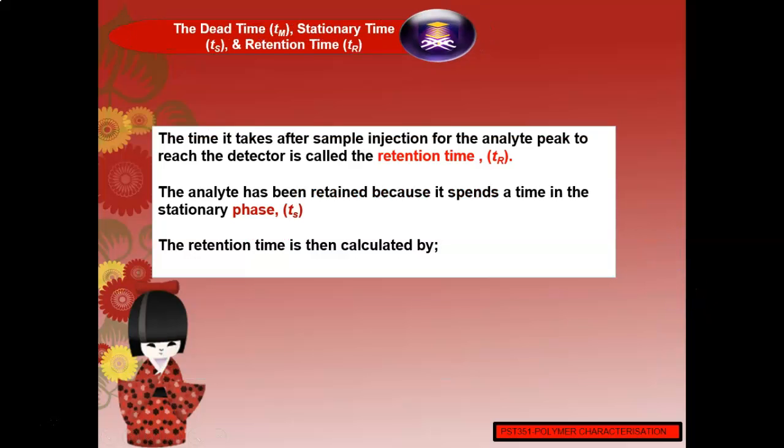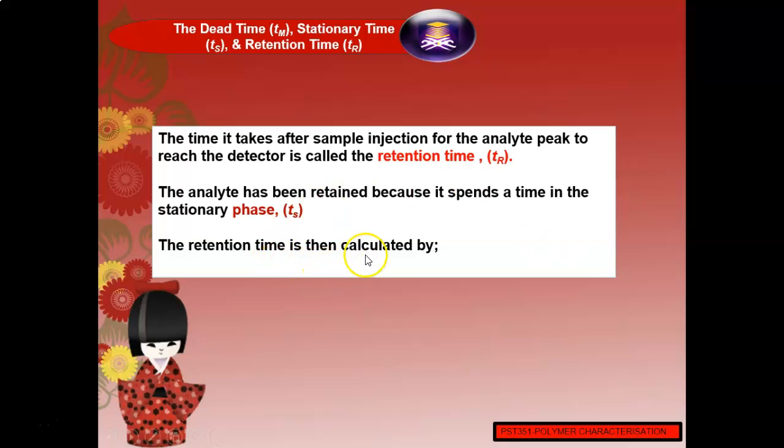Okay, the time it takes after sample injection for the analyte peak to reach the detector is called the retention time, denoted by TR. The analyte has been retained because it spent time in the stationary phase, so we denote it as TS.